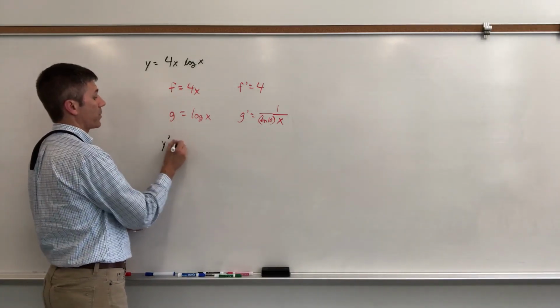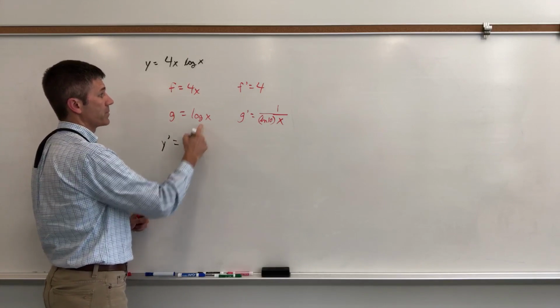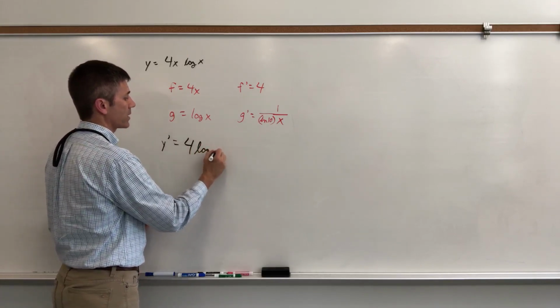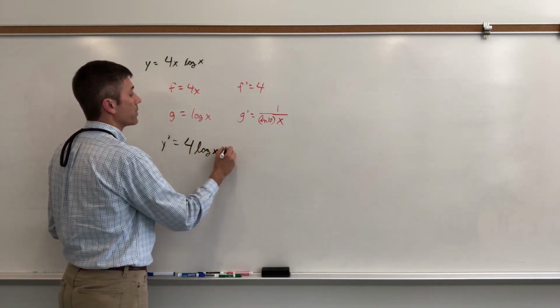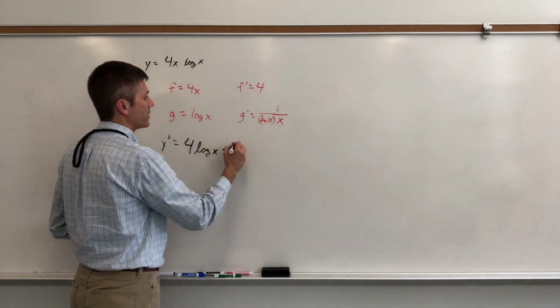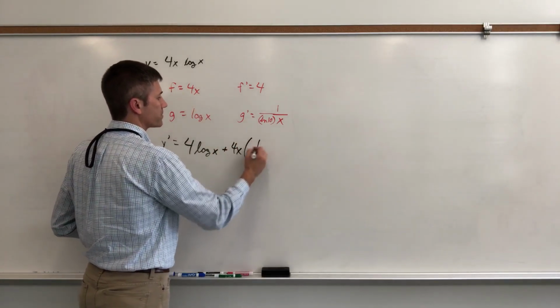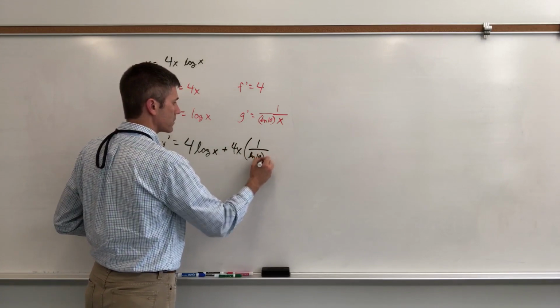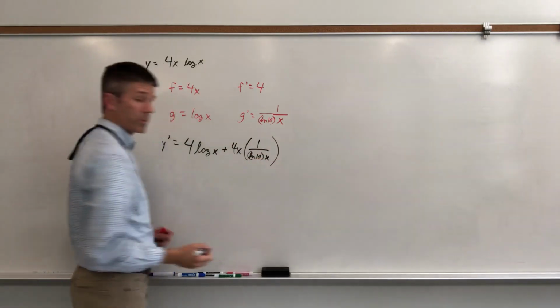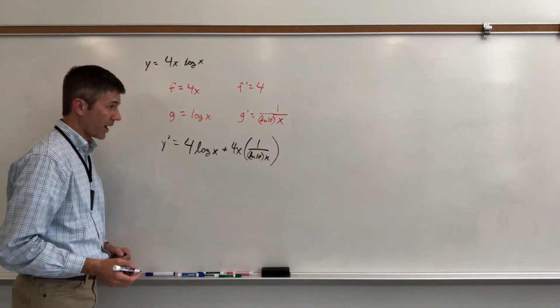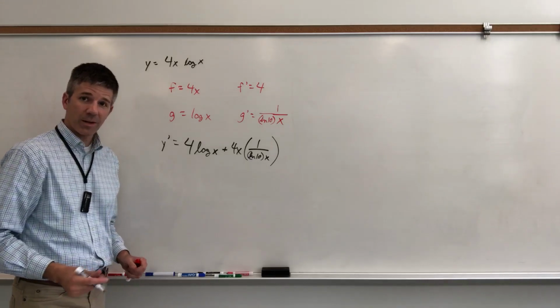We'll just go ahead and call it y prime. F prime g, 4 log x, plus f g prime. Okay, I hope you notice what's about to happen. I'm about to erase this and start the next problem. I'm kidding.